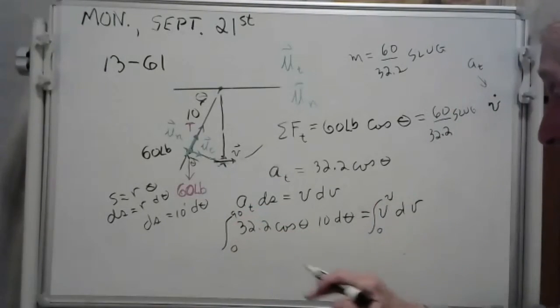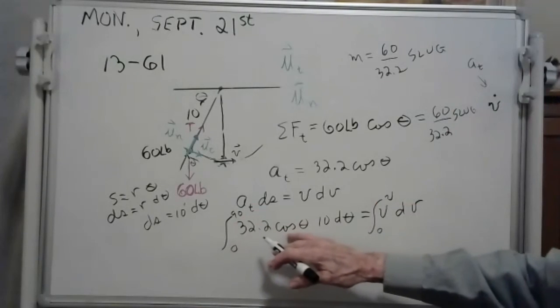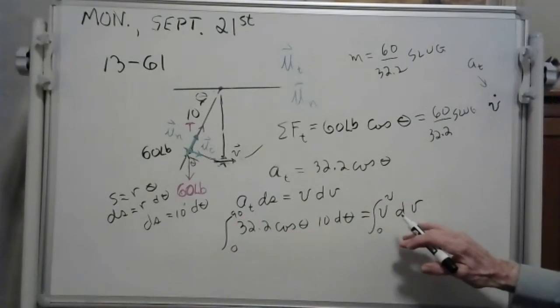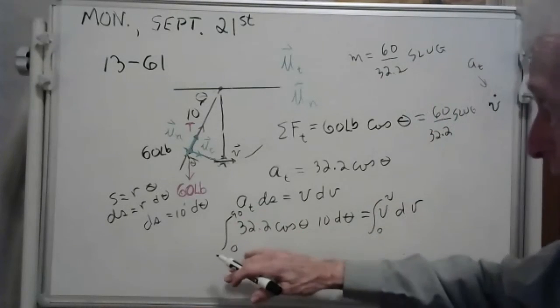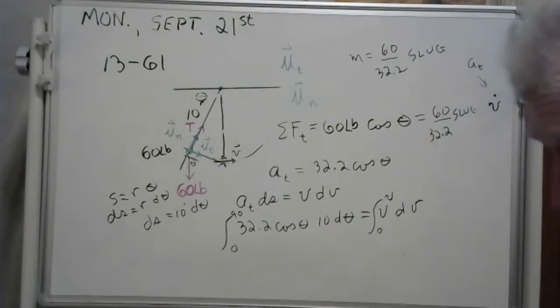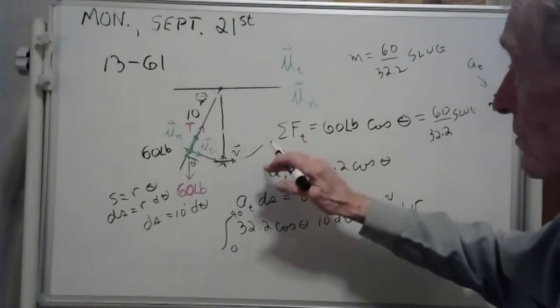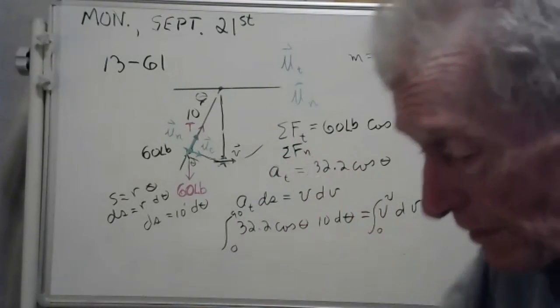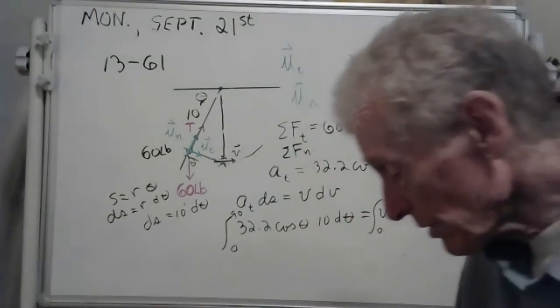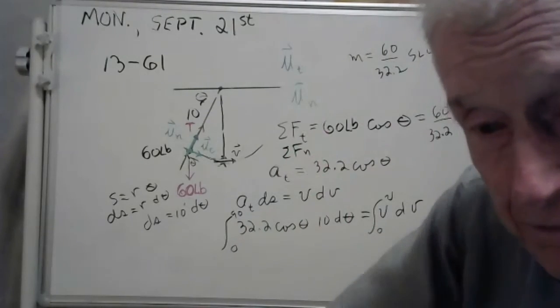I know you can take the integral of a cosine, and you could get the velocity. And once you had the velocity, then you could write your sum of the forces in the normal direction, Newton's second law, and get your tension, but it's sad.